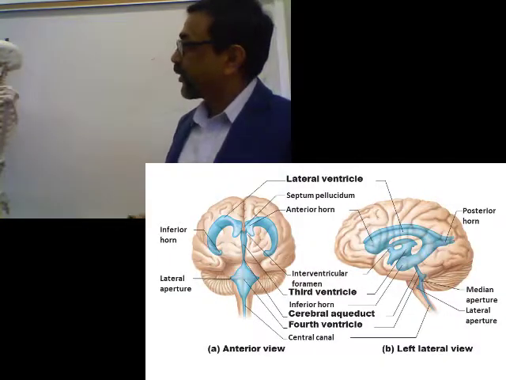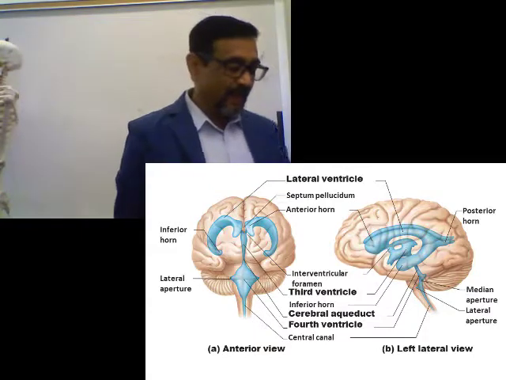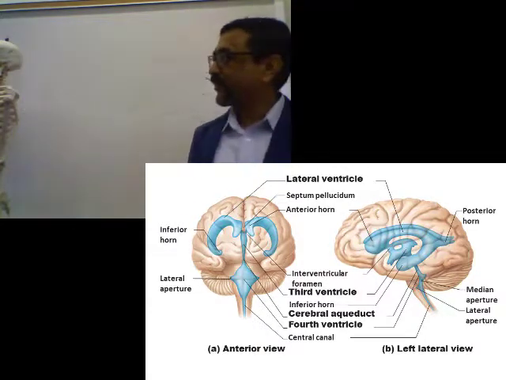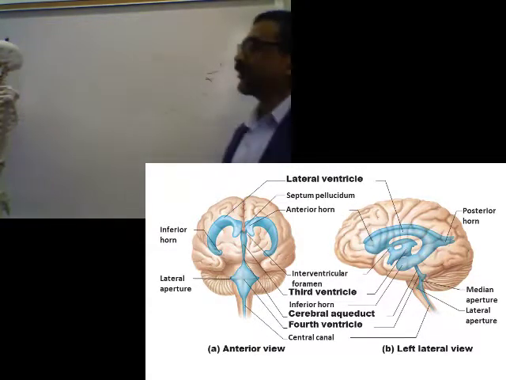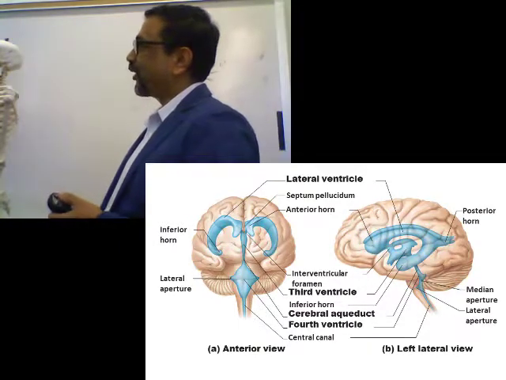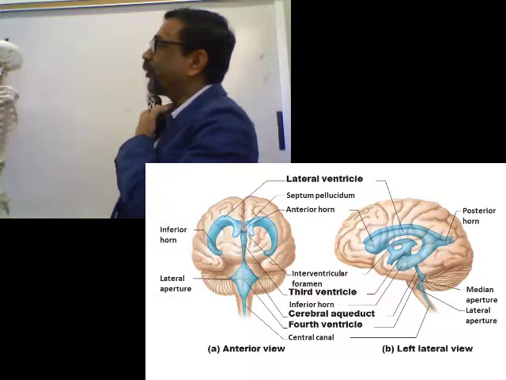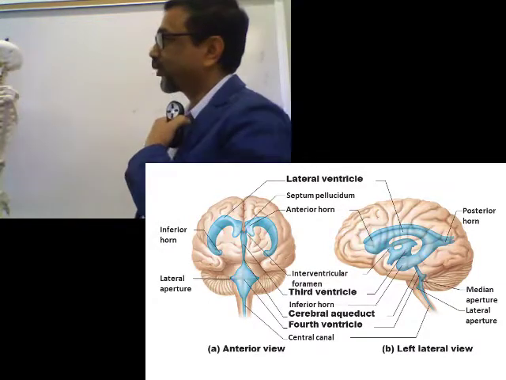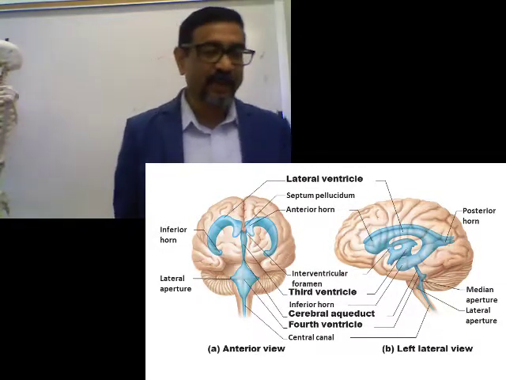Now, if any blockage occurs in those passages or connections, then what will happen? The fluid will not be able to move from one ventricle to another. So what can happen?